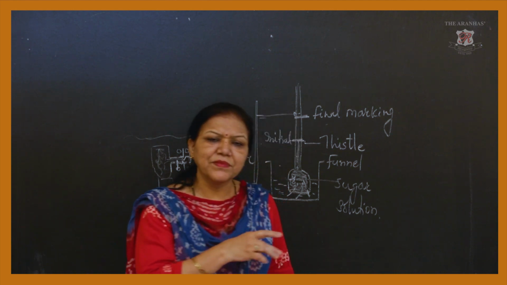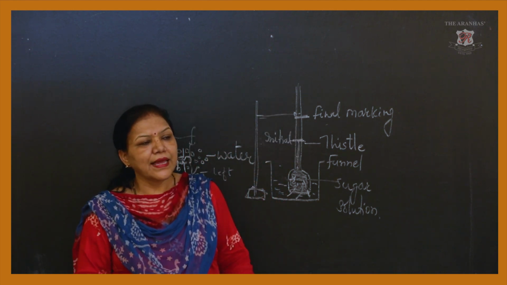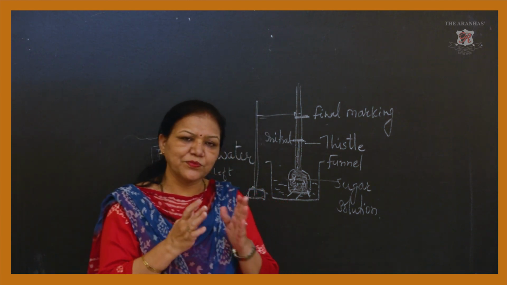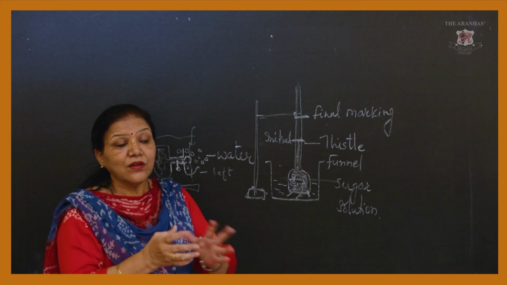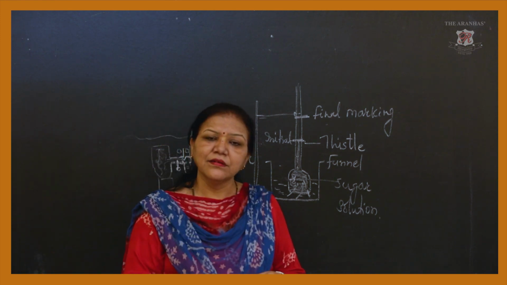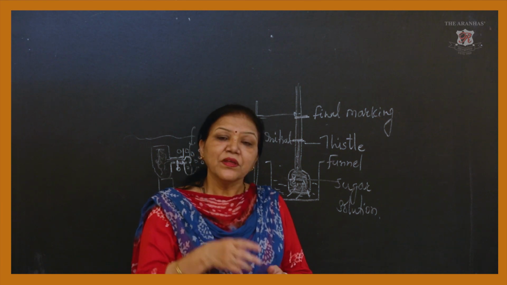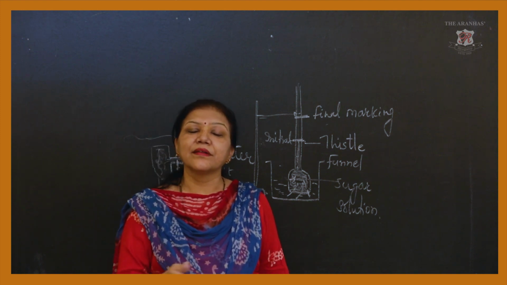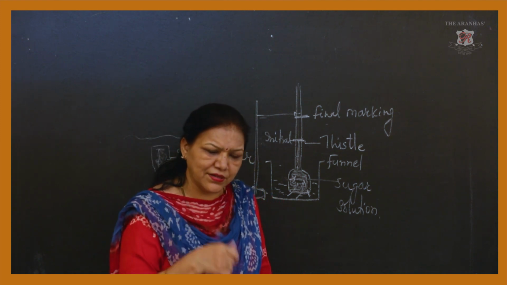Let me sum up the things. First of all, we have done transportation. Transportation means how water and food are conducted inside the plant. The second thing, we require two types of conductive tissues, or vascular tissues, for this transportation.